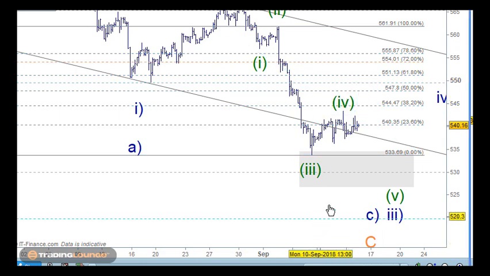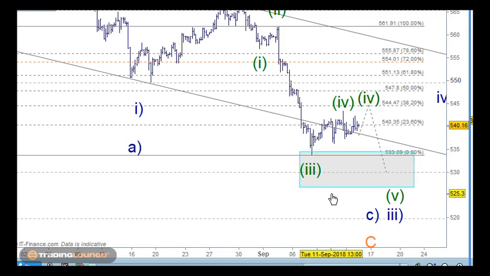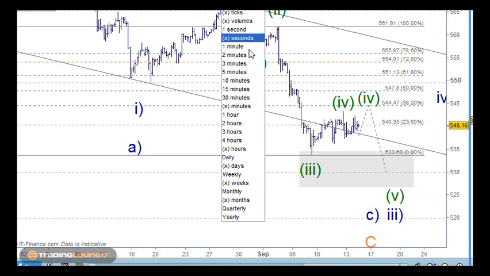Don't know that quite just yet, but it hasn't pulled up to its 38.2% retracement level. So it certainly can go from here up to here and then down into this space here. So this wave 4 can be here as well, just a little bit complicated. We'll have a look at the 1-hour chart for this.